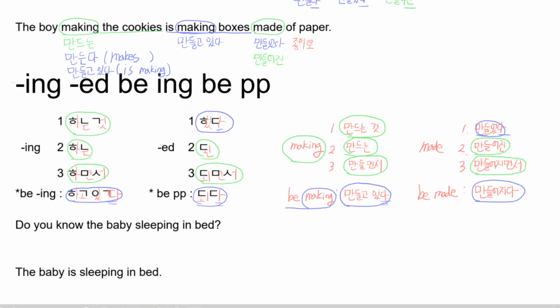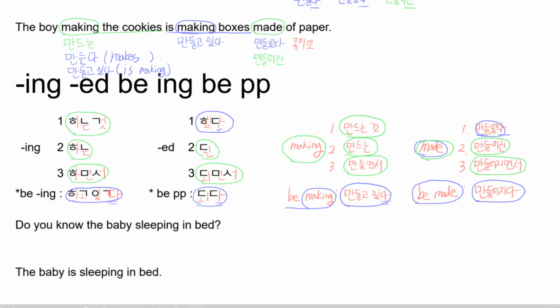So I guess made could either be blue or green according to the context, whereas be made is always blue. As I said in the earlier lesson, BPP is always marked with a circle as a whole. It's one thing. Let's regard this as one verb, even if it's two verbs.